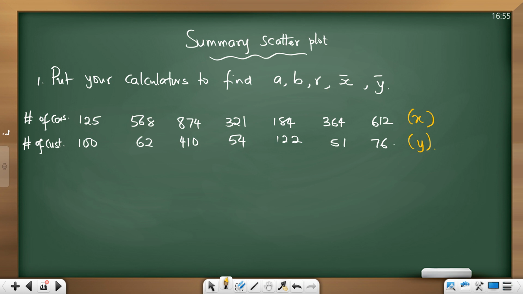Can we then go to our calculator now, quickly? I want us to get A, B, R, bar X, and bar Y. I want you to do it without me saying anything for now. You have 2 minutes.